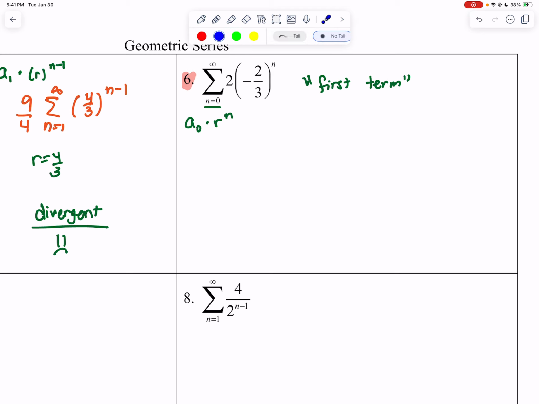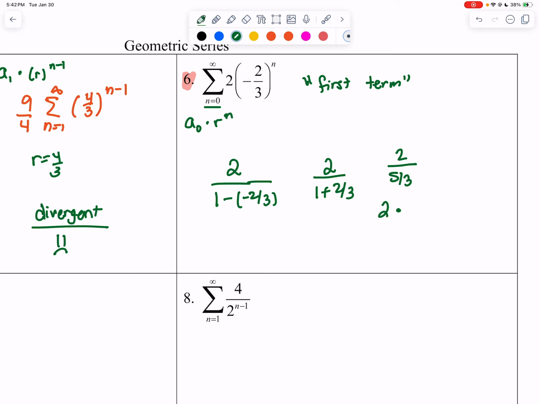In this case, I'm starting out with my 0th term, which is 2. And then 1 minus negative 2/3. So I have 2, and then 1 plus 2/3, which is 5/3, so 2 times 3/5, or 6/5.